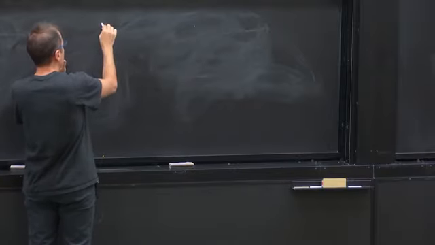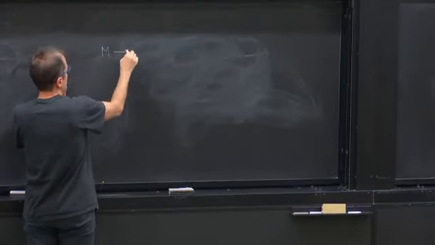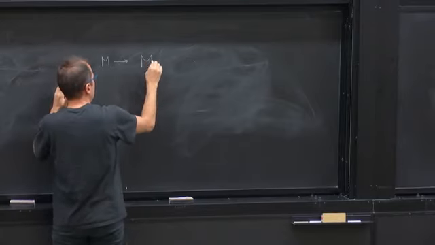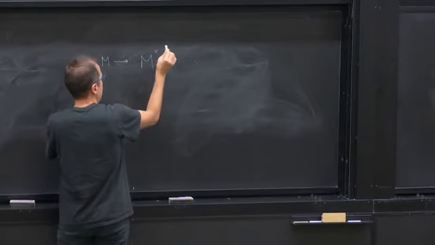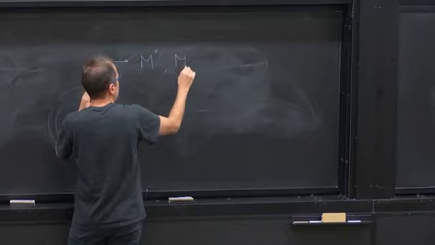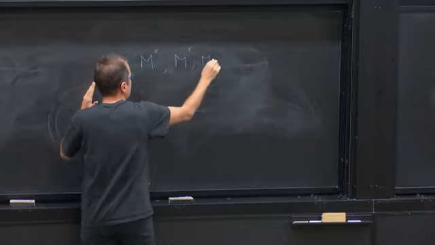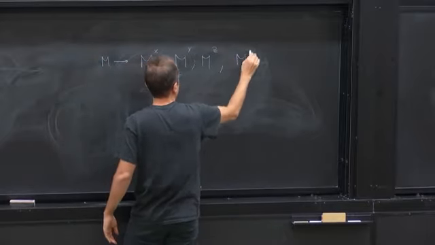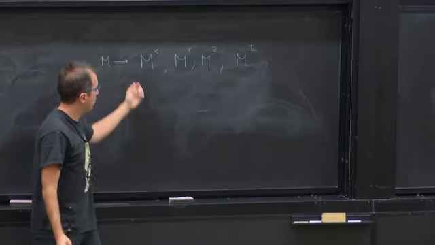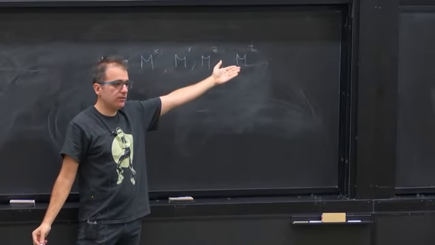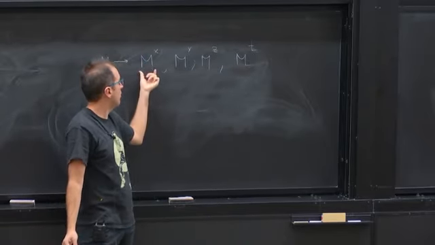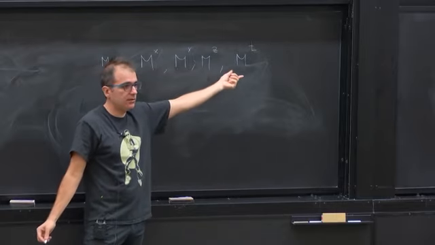Suppose we have, instead of one matrix M, 4 matrices: Mx, My, Mz, and M time. Now we have a 4-dimensional target space. You would say that you have 4 components, x, y, z, and t.